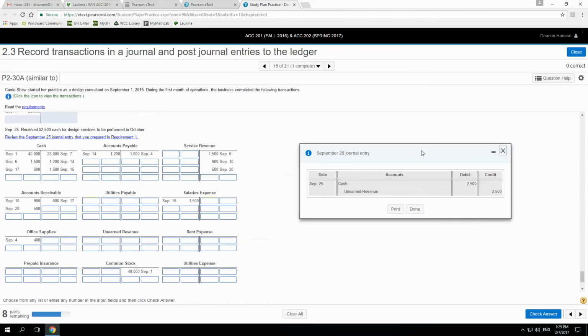September 25th, I got a debit to cash of 2,500, I'm sorry, not 25,000. September 25th, and a credit to unearned revenue, and that's a liability. So that's an increase to the unearned revenue liability account of 2,500.